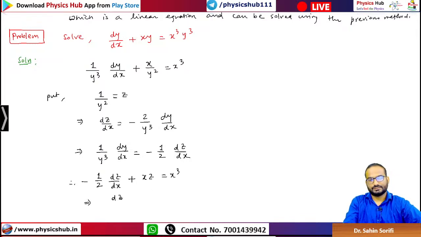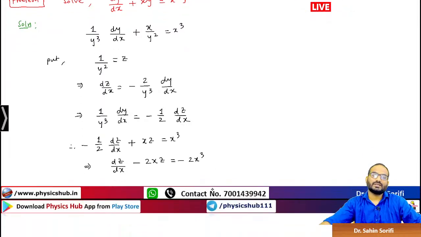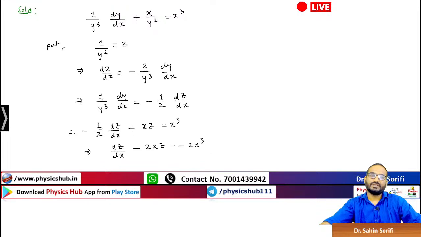That is, dz by dx minus 2xz is equal to minus 2x cube.